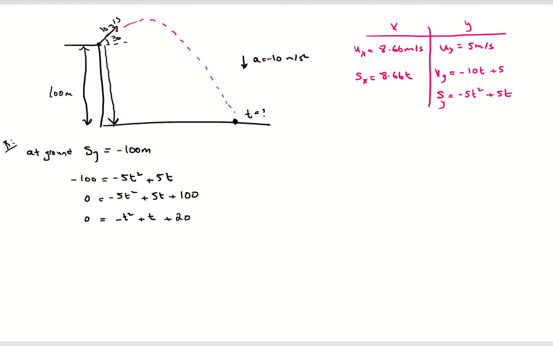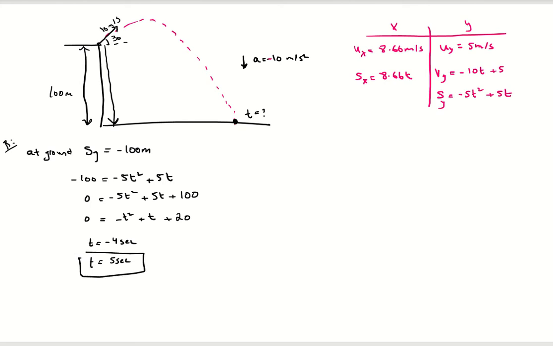Okay, and you can solve it. So the answer here is going to be t equals minus 4, one solution, which is rejected because there's no negative time. And the other solution is t equals 5, which is the accepted solution. So after 5 seconds, the object will reach the ground.